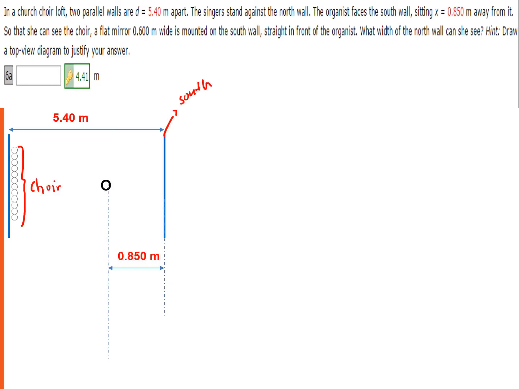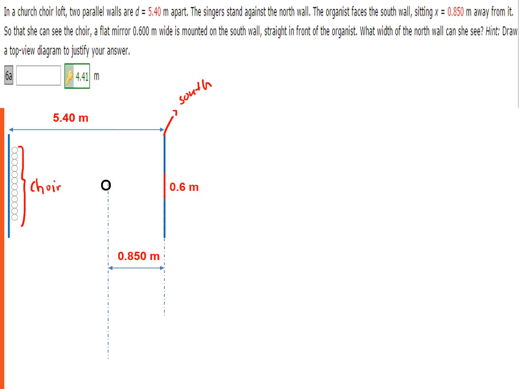So that she can see the choir, a flat mirror with a width of 0.600 is mounted on the south wall straight in front of the organist. So that is our mirror over there, 0.6 meters. What width of the north wall can she see? We have our hint. Draw a top view diagram to justify your answer.